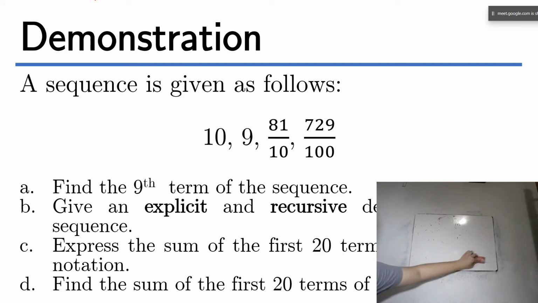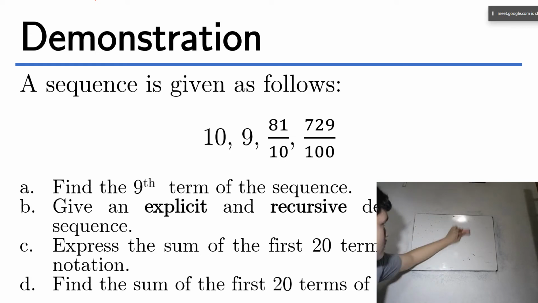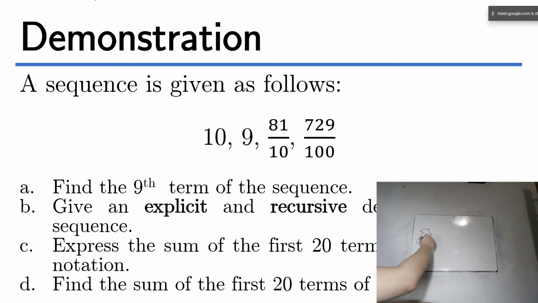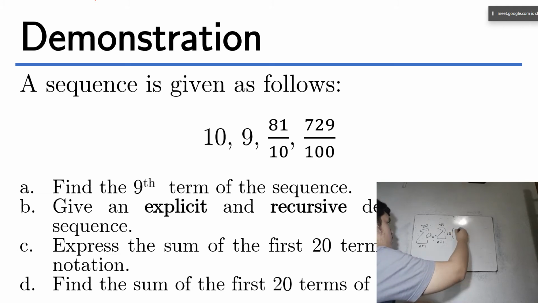So, summation of n equals 1 to 20 of a sub n equals summation n equals 1 to 20 of 10 times 9 over 10 raised to n minus 1. Yan lang siya, no?